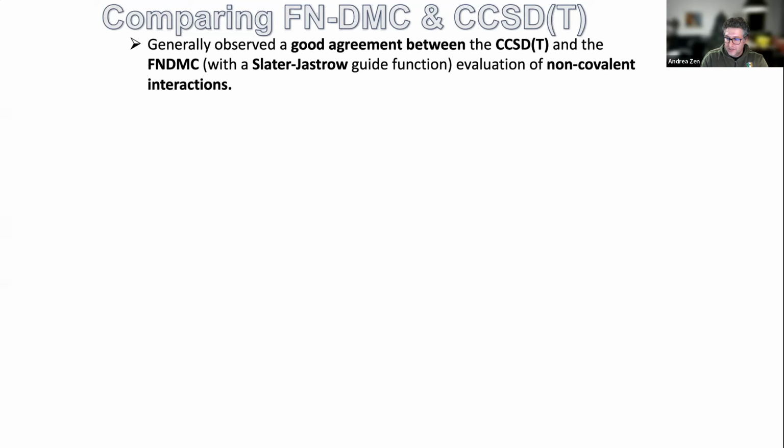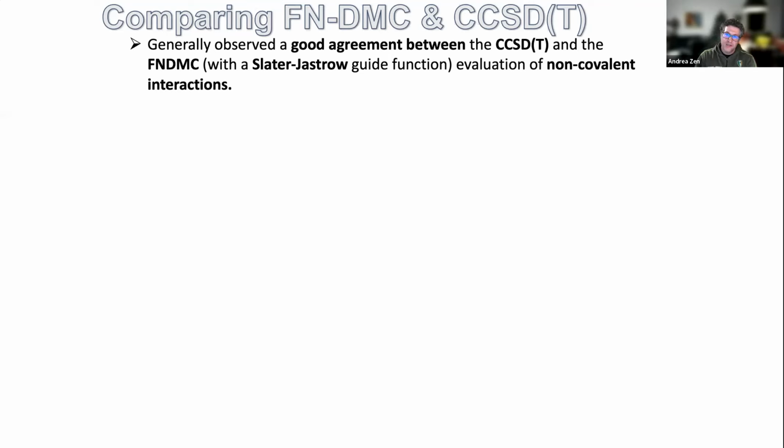Usually, in the estimation of interaction energies for weak, non-covalent interactions like those that we are considering, we are keen to think that DMC, fixed node diffusion Monte Carlo, and coupled cluster are quite equivalent. And so we can just use coupled cluster in small systems and diffusion Monte Carlo in large systems because of the scaling.